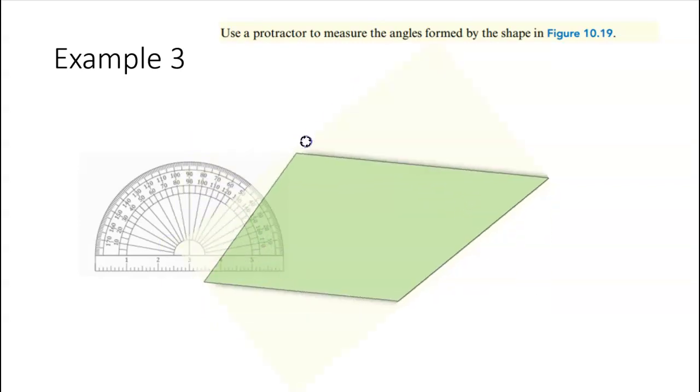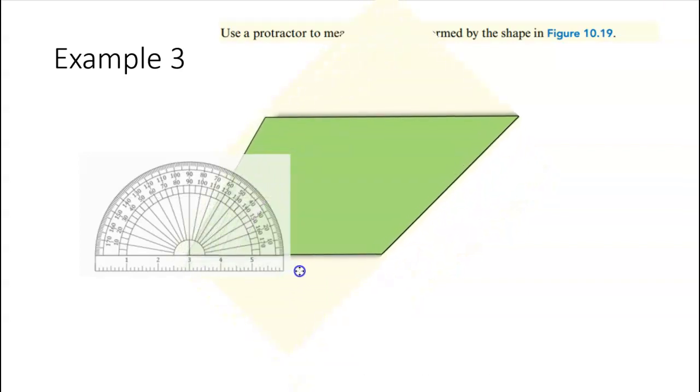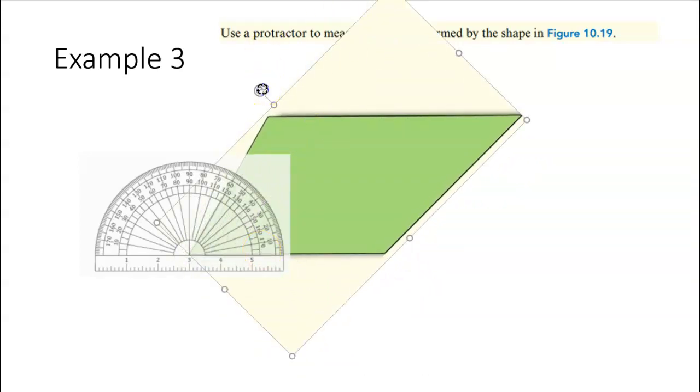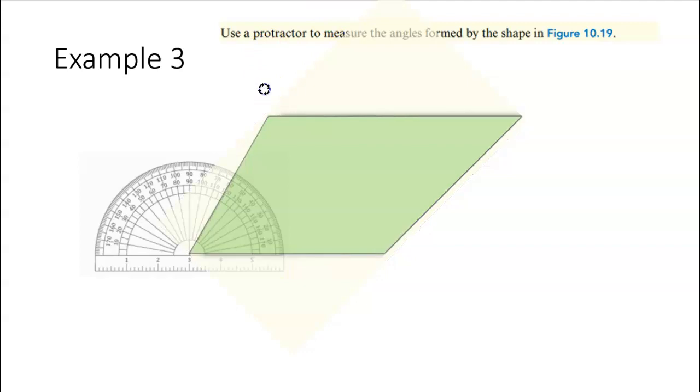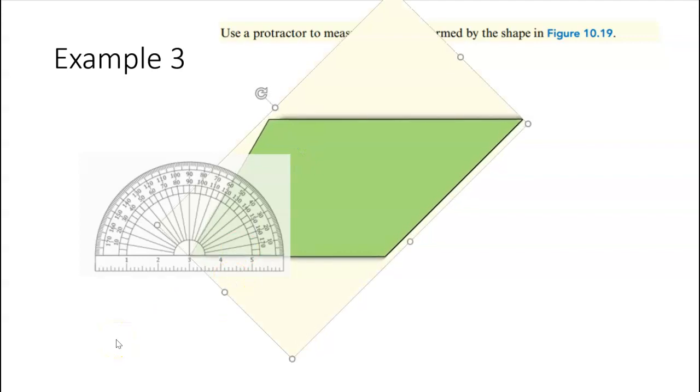I want my horizontal line to be matched up with that bottom line. It's still just a hair off, and I'm not sure if I can get it perfectly. So the idea is I want to get the vertex, the corner, right in the corner there, and I want this bottom line to match up, so then I can see this angle is 60 degrees.